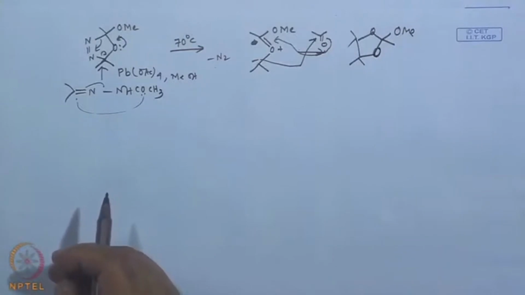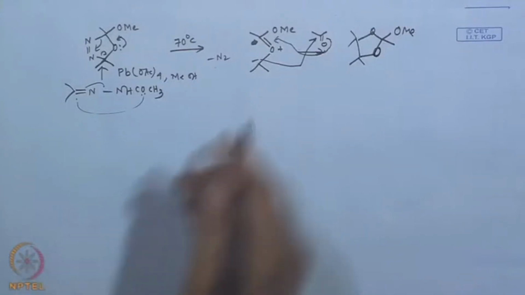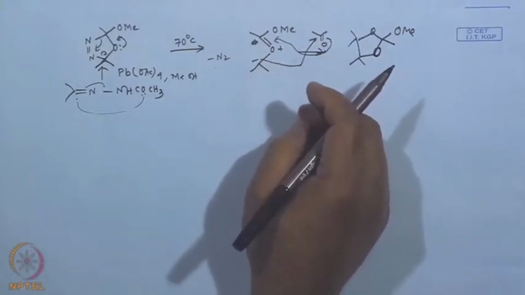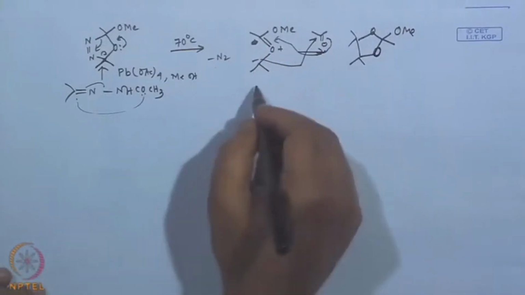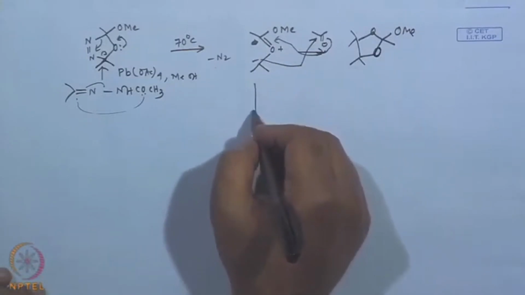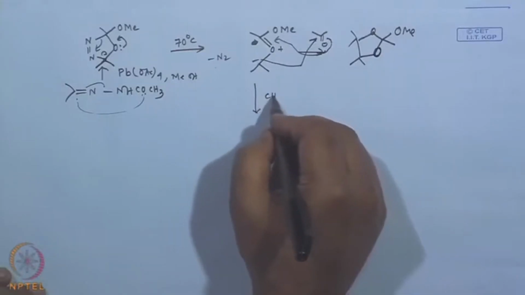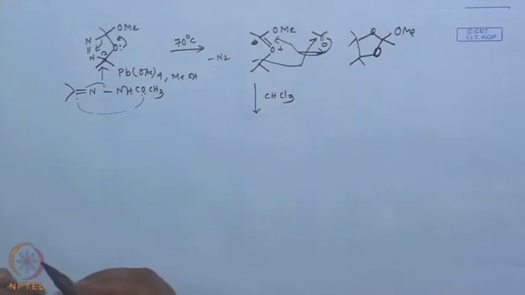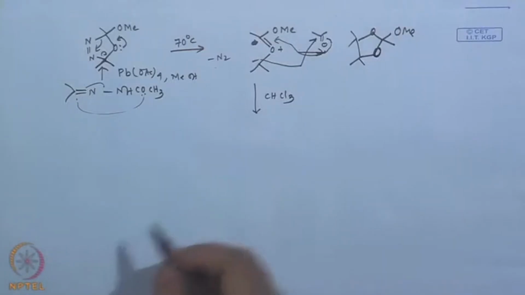Okay. Now, one could have argued okay, the intermediate is radical etc., but this sort of intermediate has also been trapped by chloroform. So, one can guess what would be the product here. All of us know that chloroform does not undergo radical kind of reactions very easily.